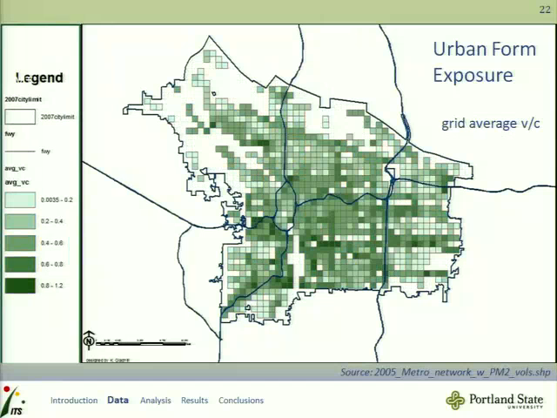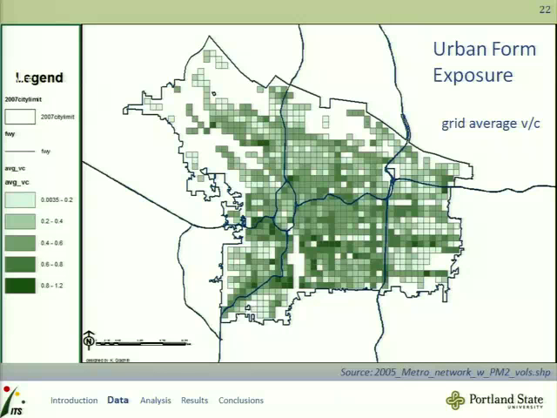I also got V over C data from Metro's transportation model and used that to get an average for the grid cell. So looking at V over C values, volume to capacity, if you're at 1, you are completely at capacity, which is usually not going to work very well.